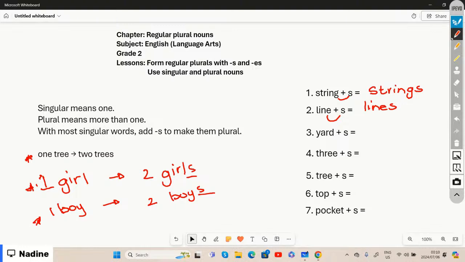If we look at the next one, yard plus s. So yard plus s.